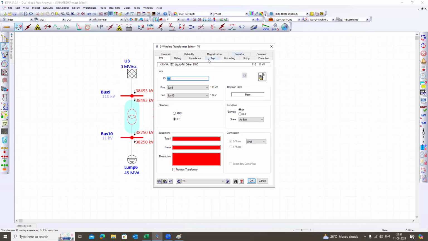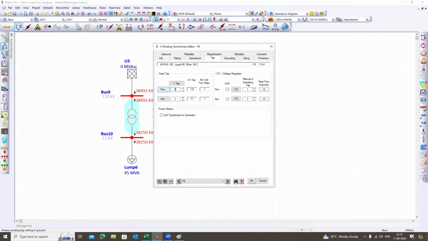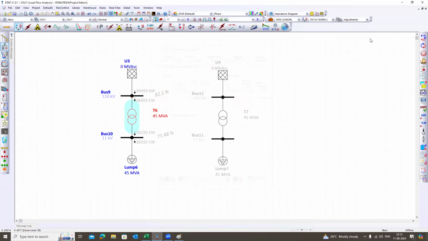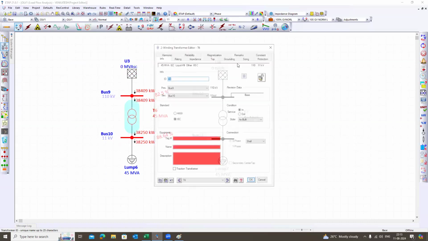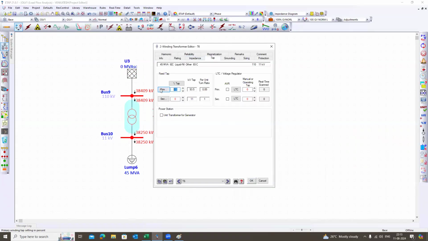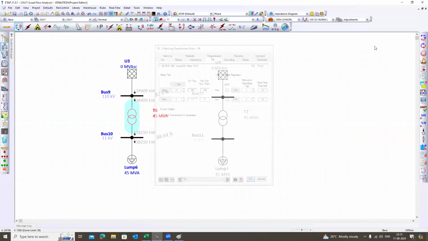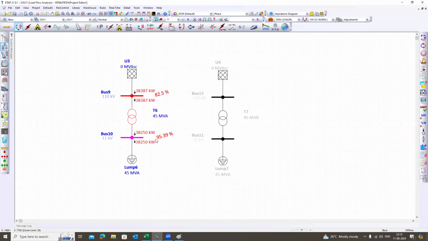So I changed the tap on the negative side to, let's suppose, minus 15% and verified how much it comes to: 88.64. Then I increased the tap further to minus 20%. Now the voltage is well within the limit, at 95.39%.